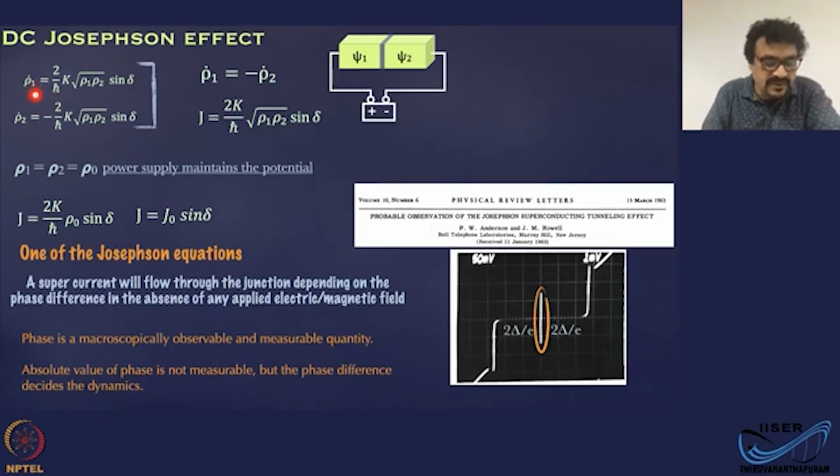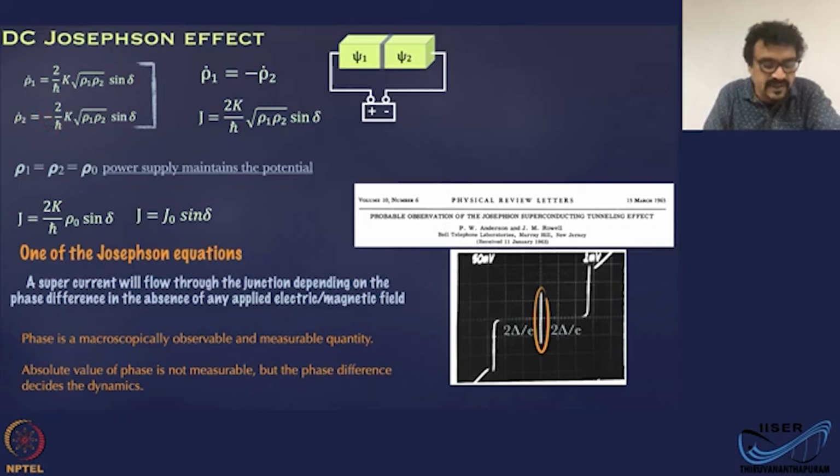Rho1 dot, the time derivative of the Cooper pair density, is 2 by h bar kappa square root of rho1 rho2 sine delta, where delta is theta 2 minus theta 1, and rho2 dot is minus of the same quantity.